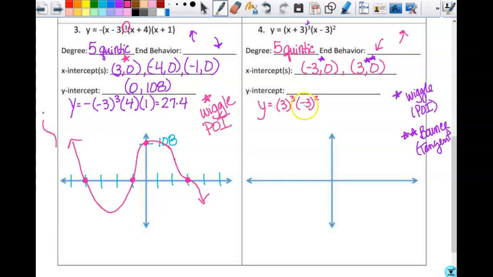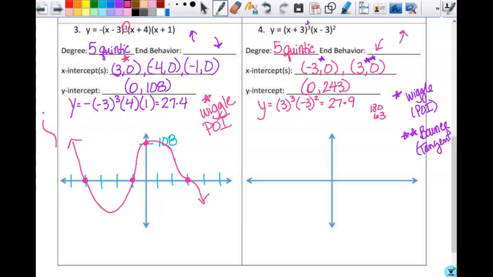So 3 cubed is 27 times a (-3) squared, which is 9. So I would do 9 times 20, which is 180, and then 9 times 7, which is 63, so that gives me 243. Oh, I can't write the number. 243.